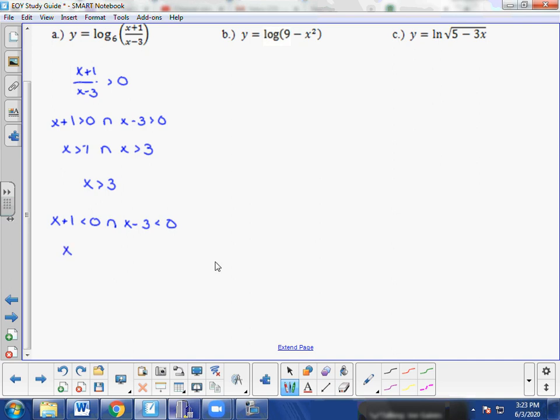So in this case, x would have to be less than negative 1, and x would have to be less than 3. When x is less than -1 and less than 3, x is less than -1. So the domain for this one would be x is greater than 3 or x is less than -1.